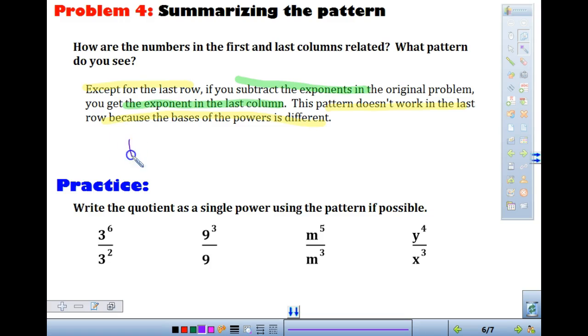And the key is when we divide with like bases, we are going to subtract our exponents. When we multiply, we add our exponents. When we divide, we subtract our exponents.